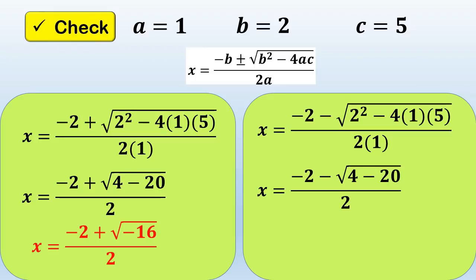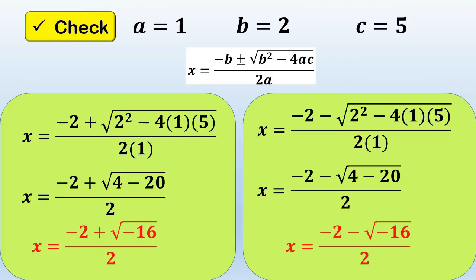Now, let's subtract 4 minus 20. So, we have here negative 2 minus the square root of negative 16 over 2. So, the same sa first root, nagkaroon din ng negative sign ng ating radicand. So, it means we end up with no solution here.